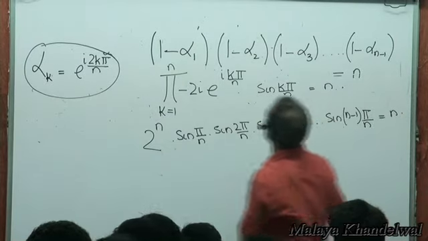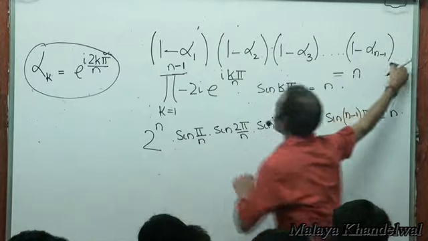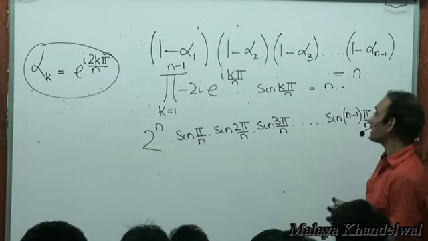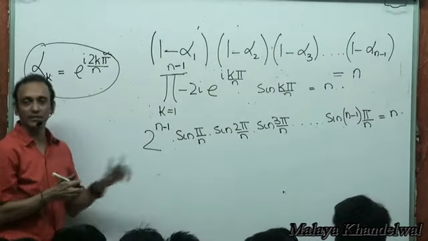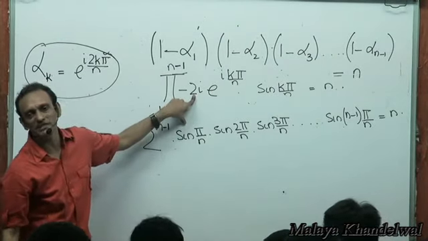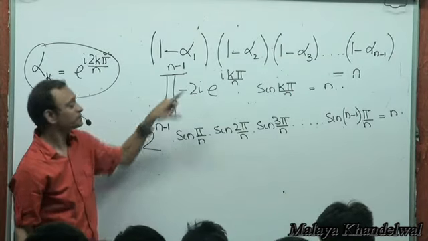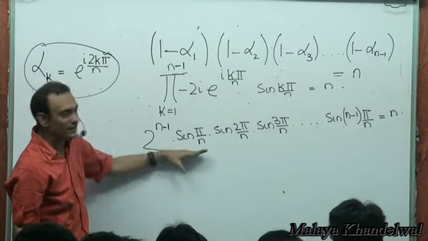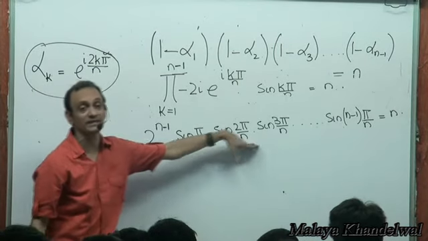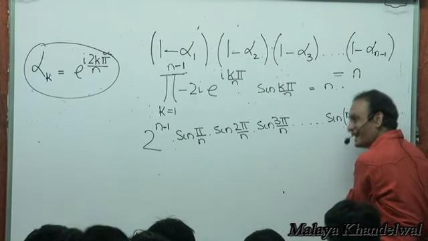K runs from 1 to n minus 1, I'm so sorry about that. So this should be 2 to the power n minus 1, because there would be n minus 1 2s, n minus 1 factors in this. So 2 to the power n minus 1, sin pi by n, sin 2 pi by n, sin 3 pi by n, up to sin (n minus 1) pi by n, is n. Yes or no?